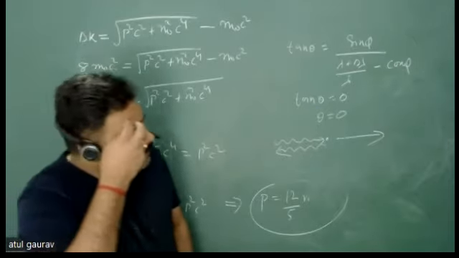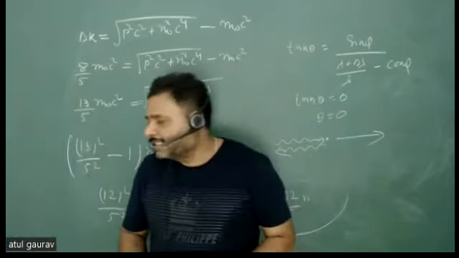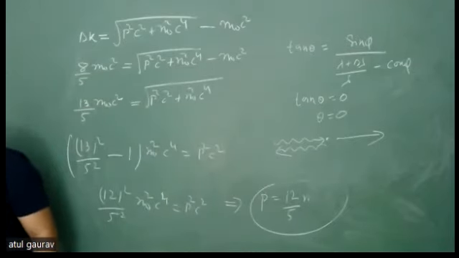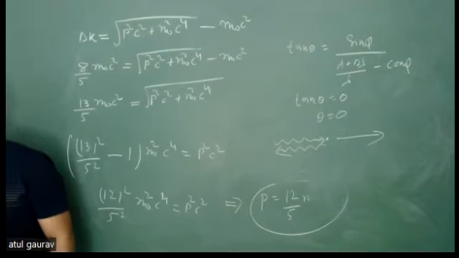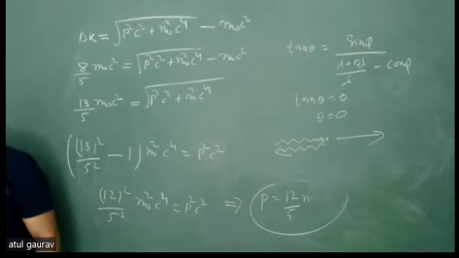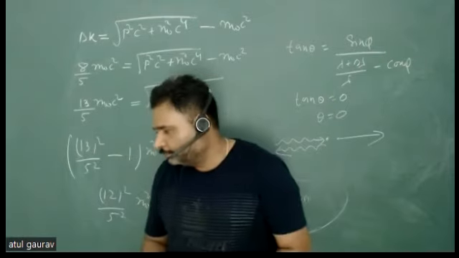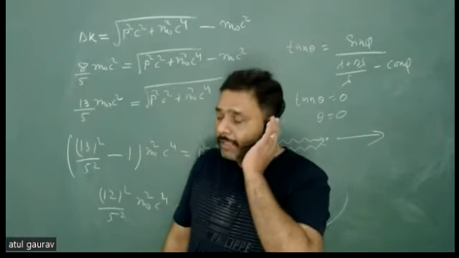And delta lambda is maximum for what angle? Phi. Very good. Shekhar, tell me, delta lambda is maximum for what angle? Any other person? Delta lambda will be maximum for what angle?